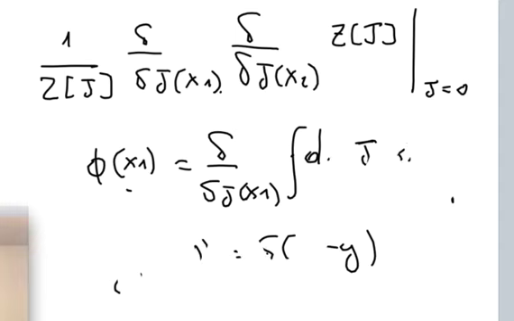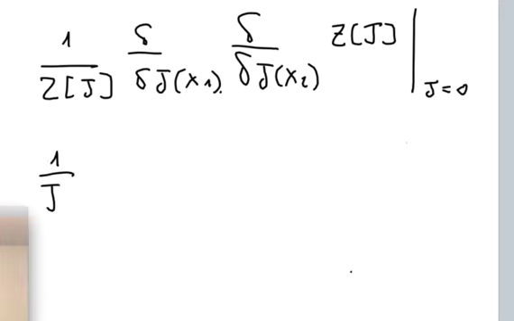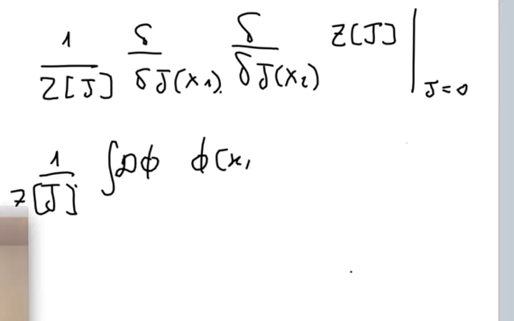So with this in mind, it turns out that this double derivative here is actually 1 over Z of J, integral d phi of phi of x1 phi of x2 e to the minus beta (H minus J phi).